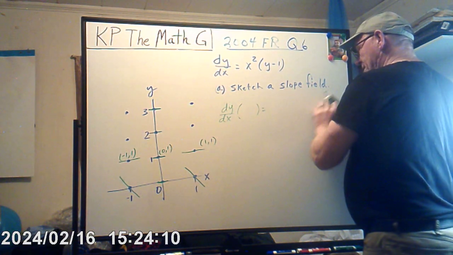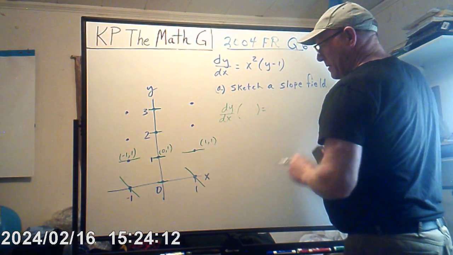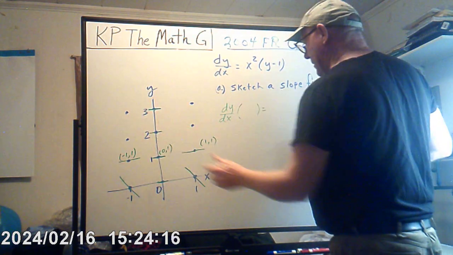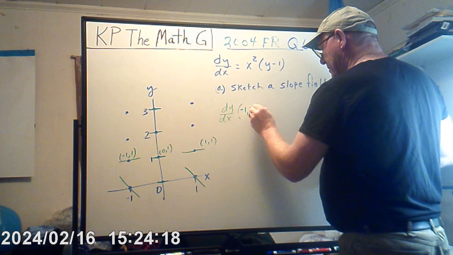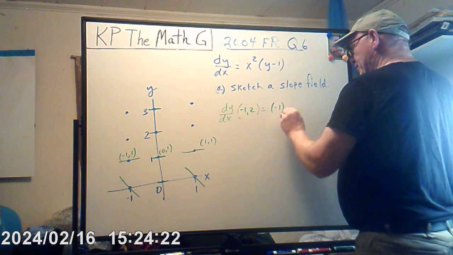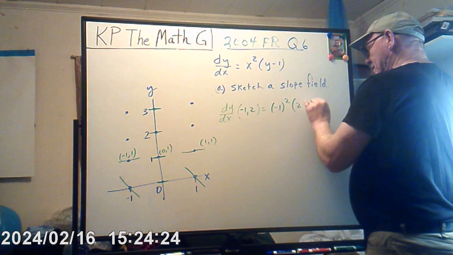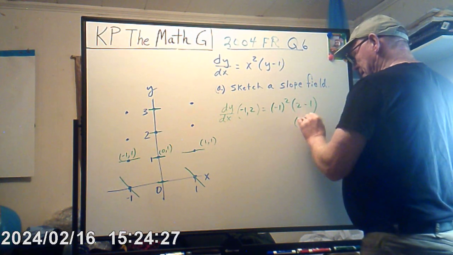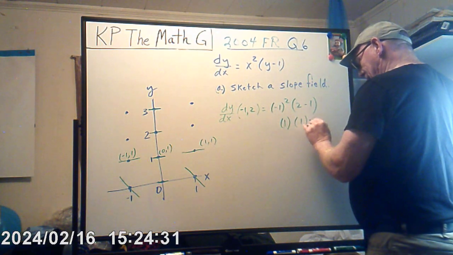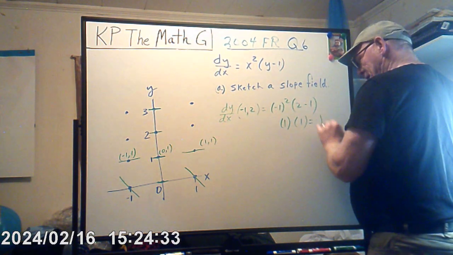Then let's do another. Let's keep on negative 1 and go to negative 1, 2. Negative 1 squared is 1, and then 2 minus 1 is 1. So that one is equal to 1.